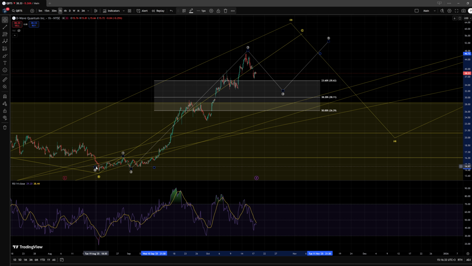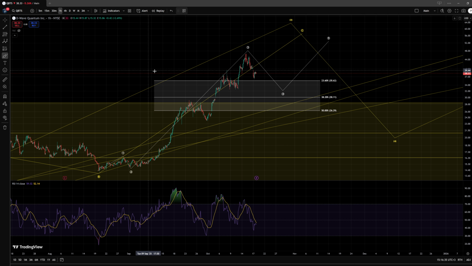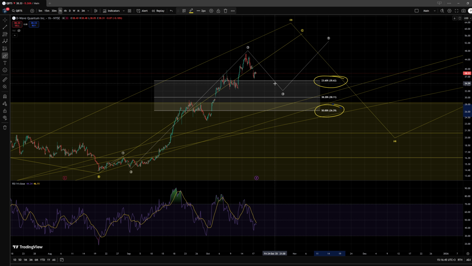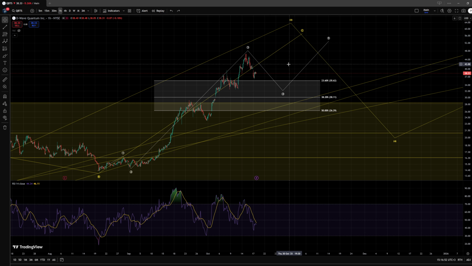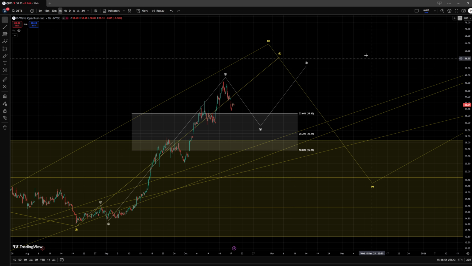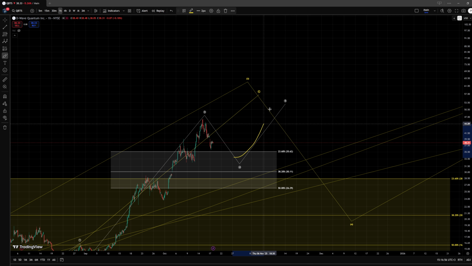For the continuation to the upside, I would be looking for this large support zone in white, where as long as we hold this support zone between the $35.6 level all the way down to the $26.3 level, we can still find another high in a fifth wave, and this wave 5 could actually end up being quite strong and could get us even, as I mentioned earlier, to the $80 level.